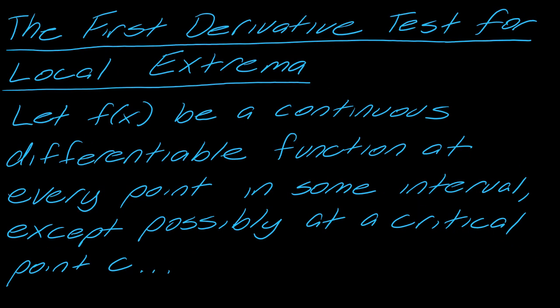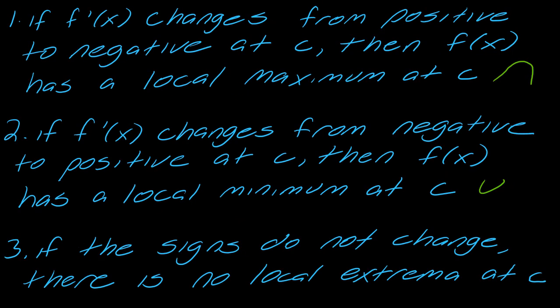And then a lot of times people think of this in relation to the first derivative test for local extrema. So very similar start. So let f of x be a continuous differentiable function at every point in some interval except possibly at a critical point C. So here's the meat of this theorem that you really want to make sure you remember. So if f prime of x changes from a positive to a negative interval around that point C, then we say f of x has a local max at C. So think about what it means to be from positive.